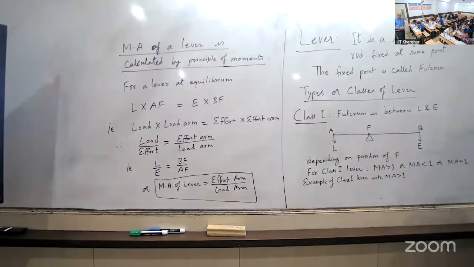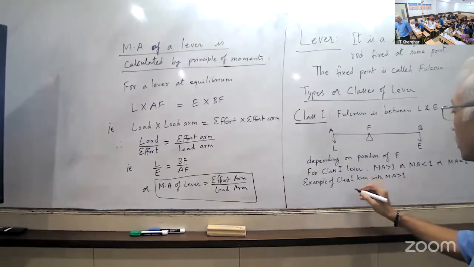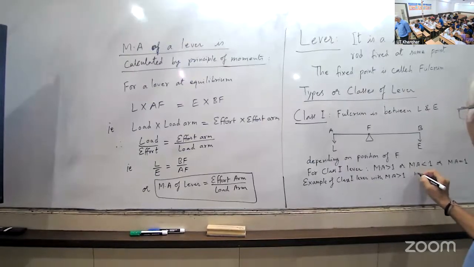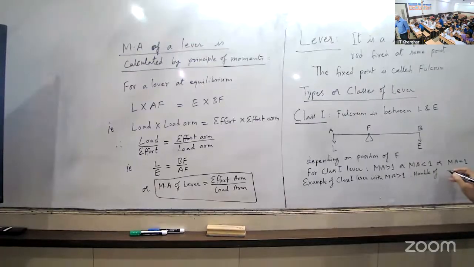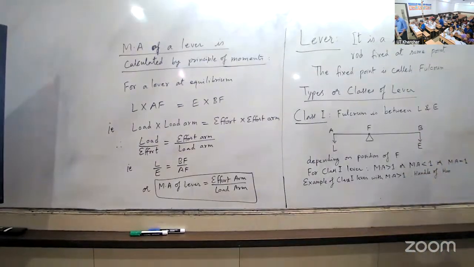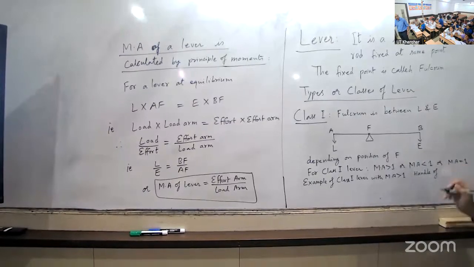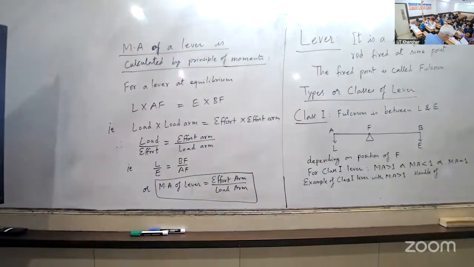तो force multiplier का example बताओ इसमें. तो उसने बताया था कौन सा? So example is handle of hand pump. Water hand pump. What machine is that called? Water hand pump.